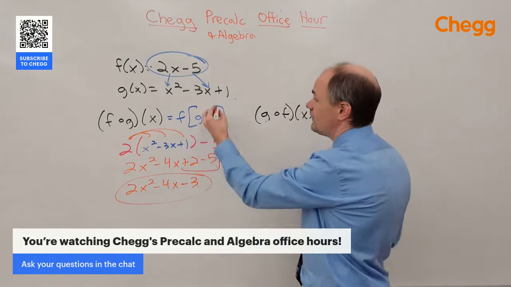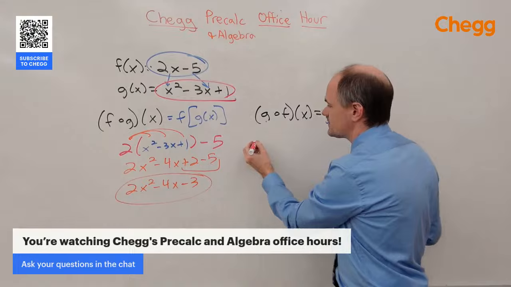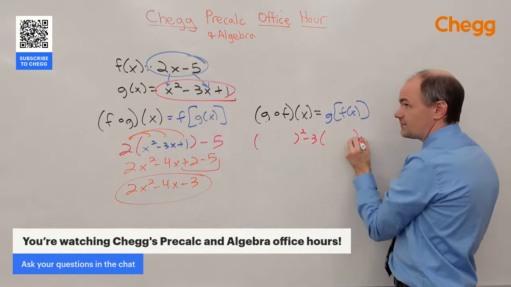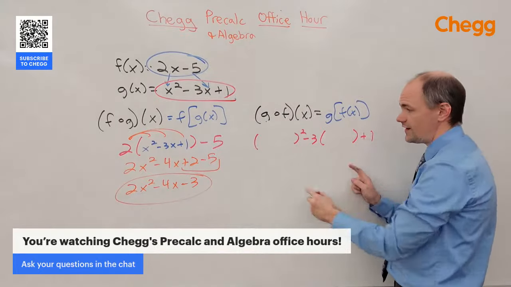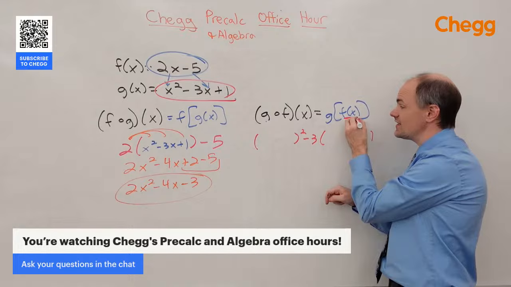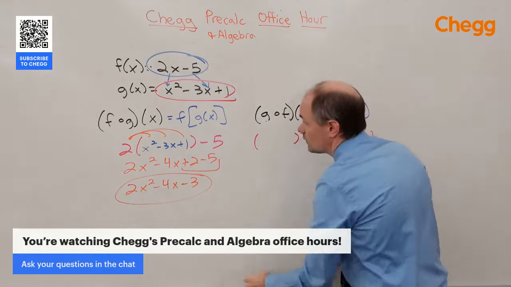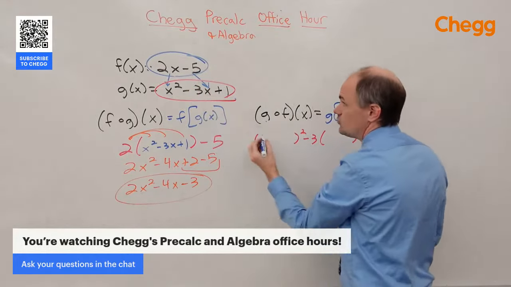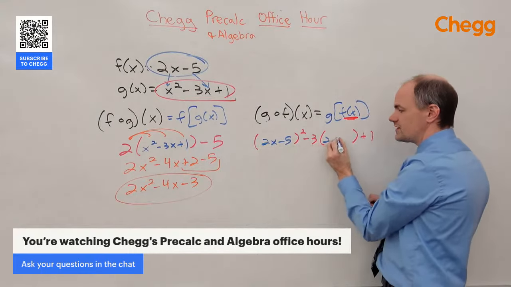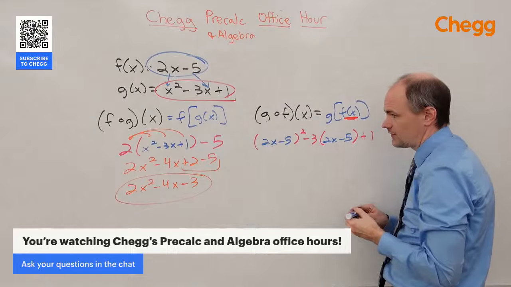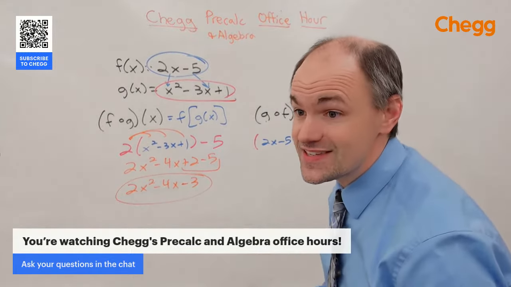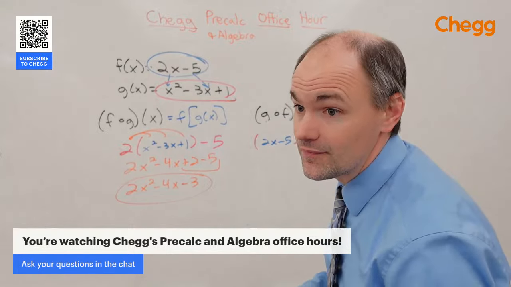The g of x function is something squared minus 3 times something plus 1. That something, what's going into the function, is the f function, 2x minus 5. And it goes into both spots. Then we can simplify this to see if we get the same answer.